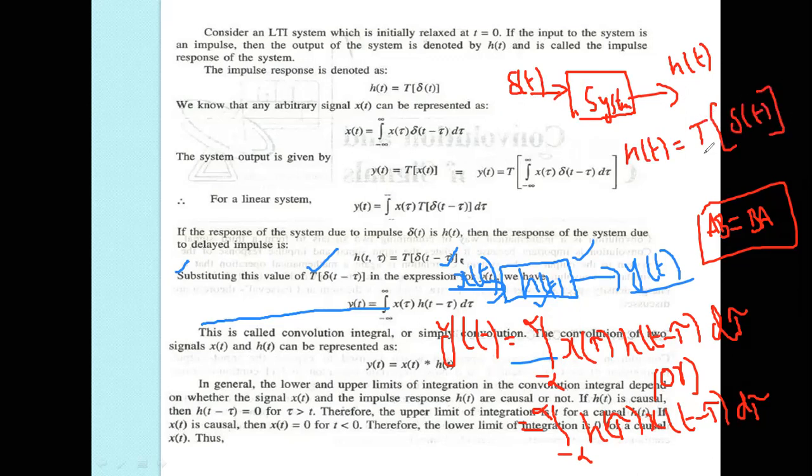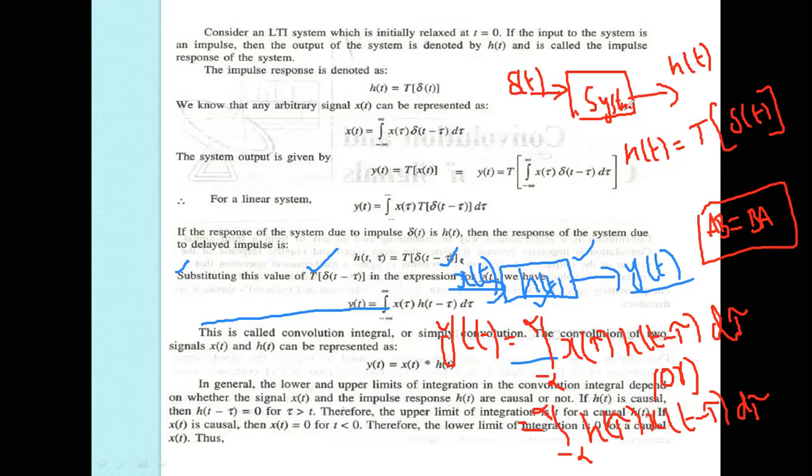Some textbooks write it as T of f or T of t, whatever the representation is, it is the same. There is no confusion, my dear students. Some textbooks denote it with f and some with t.